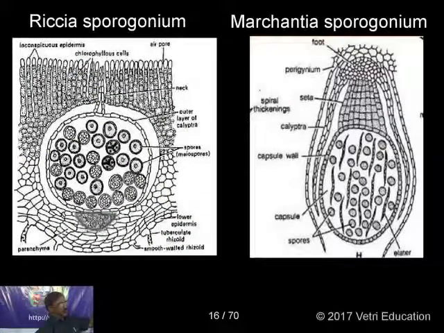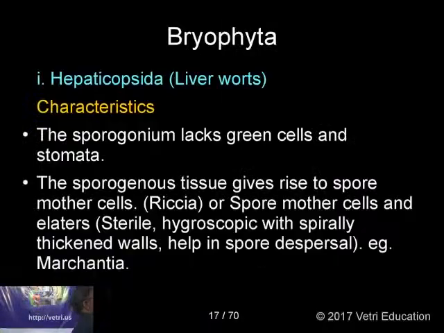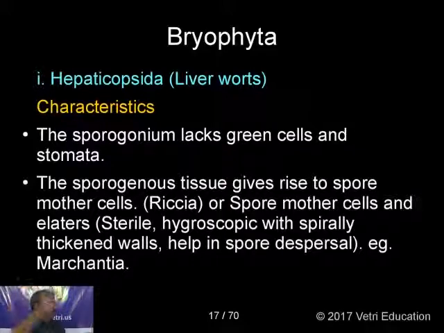Here you can find the sporogenous tissue and elaters. These are the spirally thickened elaters. They are hygroscopic, absorb water and liberate the spores. This texture you can find in Marchantia, whereas in Riccia only spore mother cells develop, and elaters develop in Marchantia.